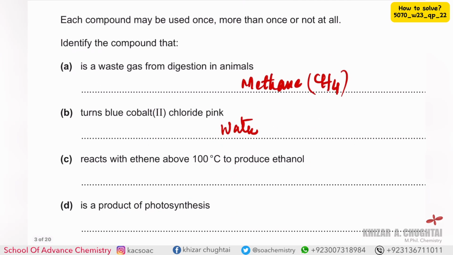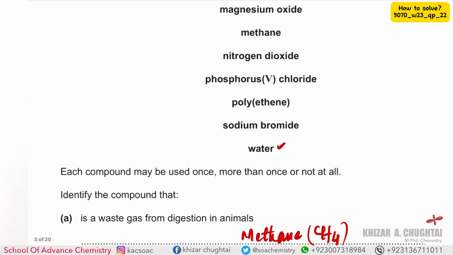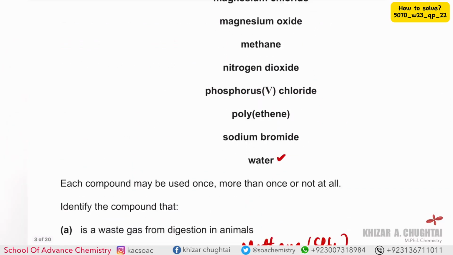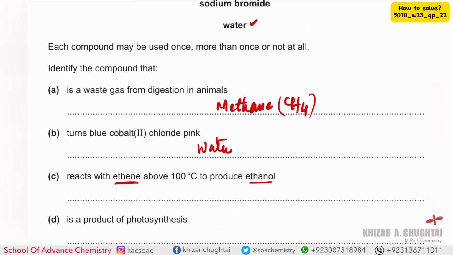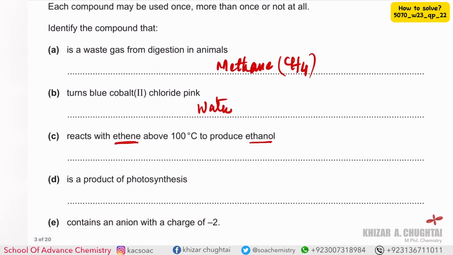C reacts with ethene above 100 degrees Celsius to make ethanol. Which one is supposed to react with ethene to make ethanol? Obviously it's steam. Here there is no option of steam, there is only one option, that is water. So the answer will be water.